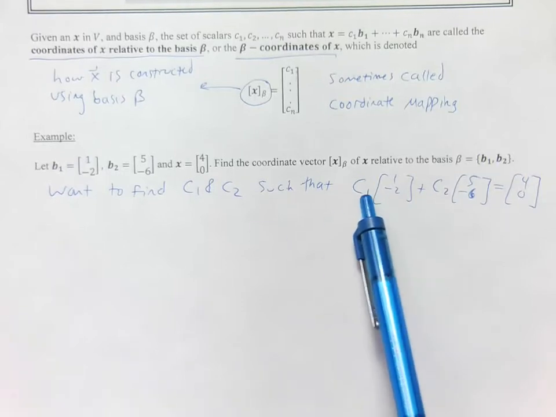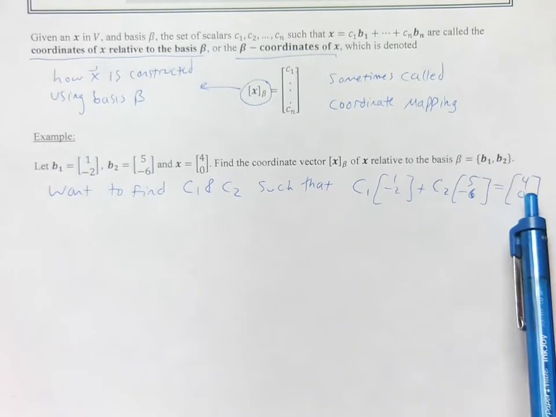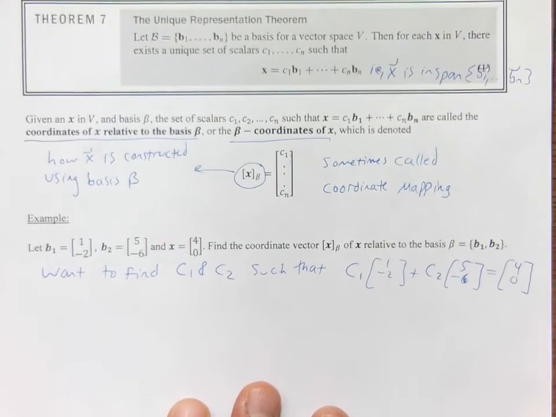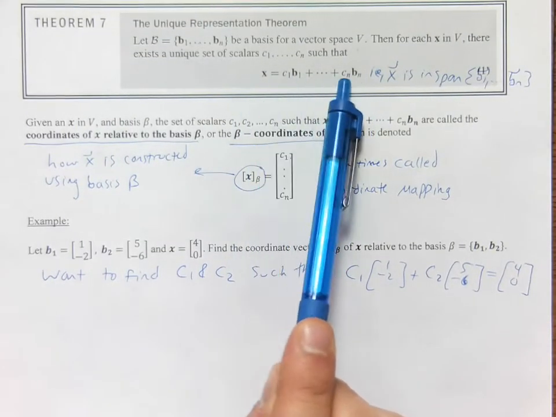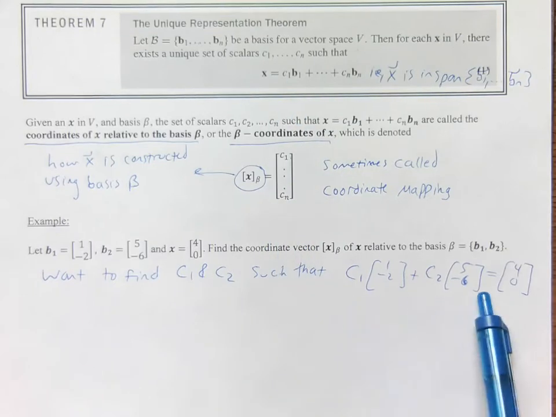We want to find linear combinations of the basis elements that equal the vector we want, which is exactly the definition right here. We're trying to do x equals some linear combination of those things.